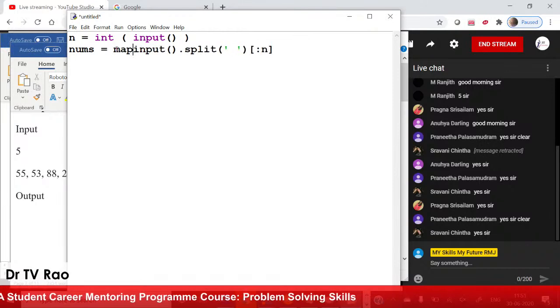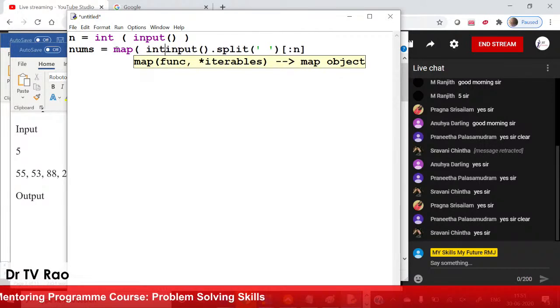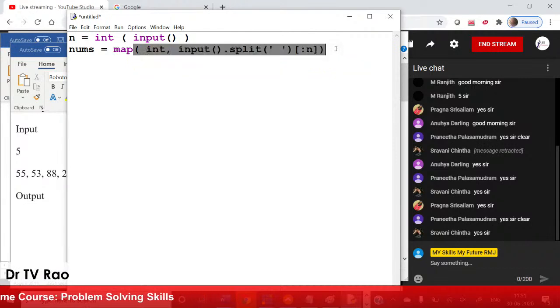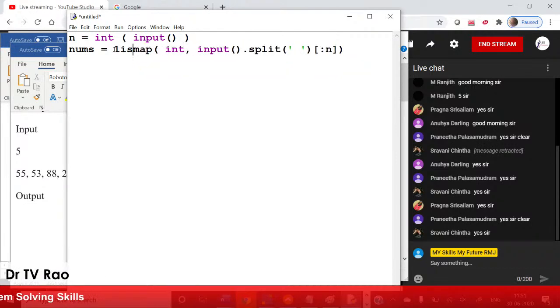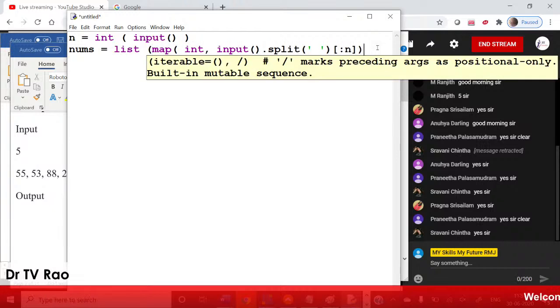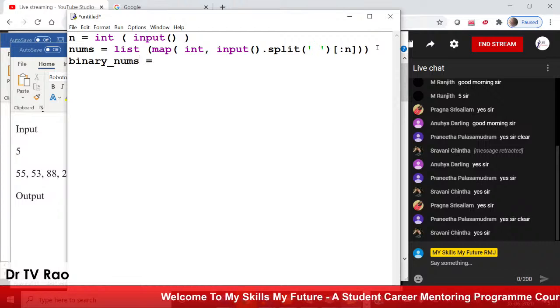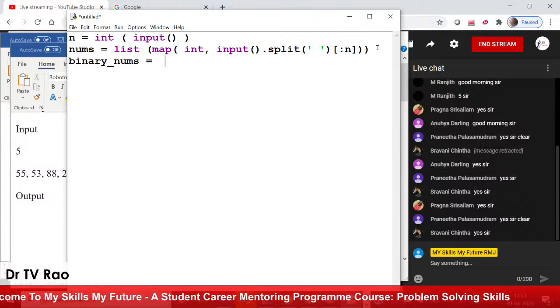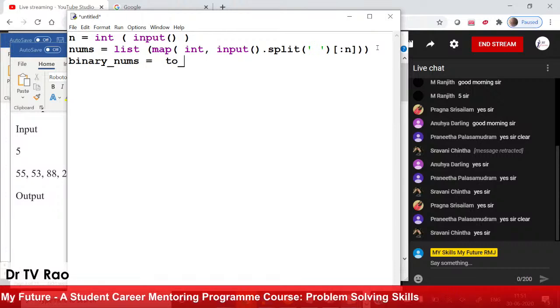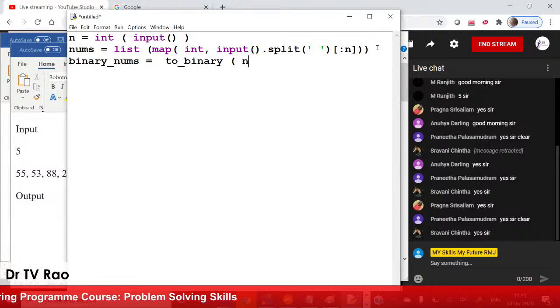You should map them into integers and then make it a list. Okay, get them into binary numbers. So binary nums, right? Call a function by the name to binary and pass nums to it.